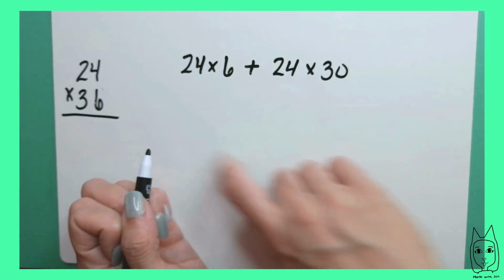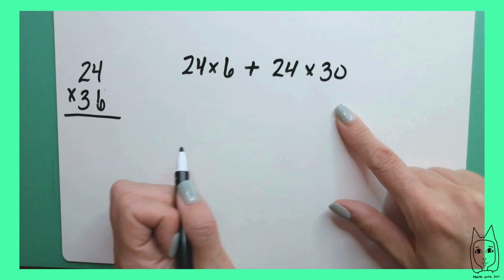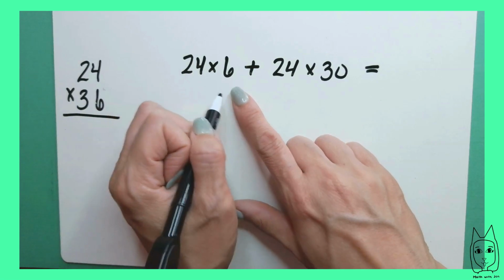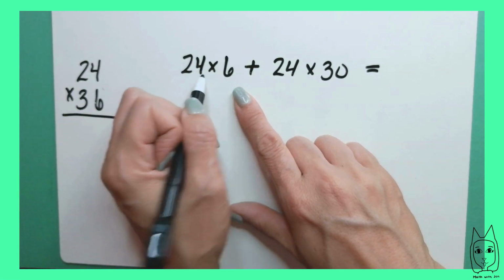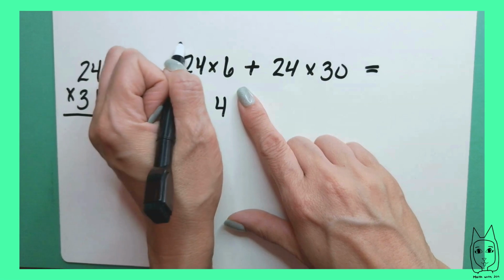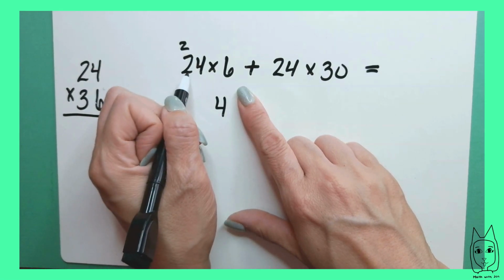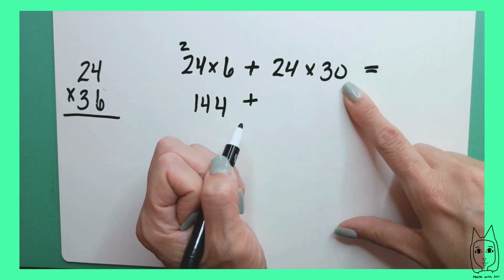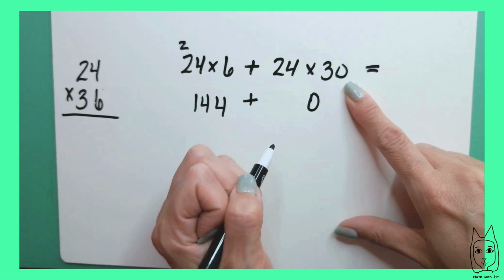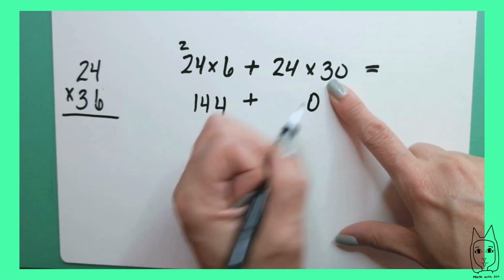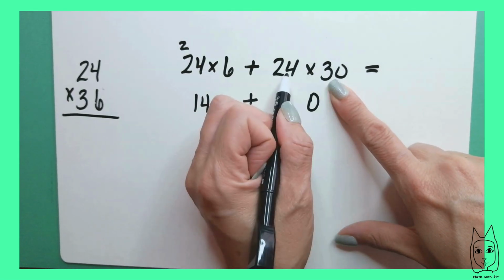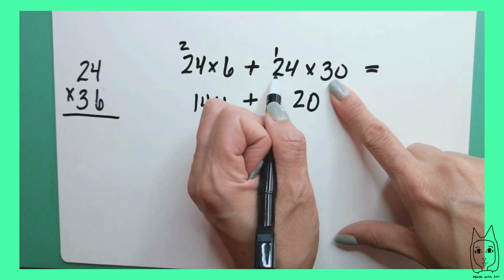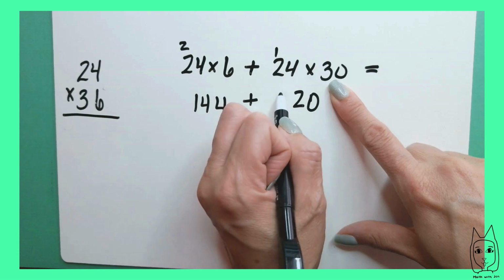I can do it right in an equation using partial products. 6 times 24 is something we did in 3rd grade. 6 times 4 is 24, carry the 2, 6 times 2 is 12, plus the 2 is 144. Then we would add to it. Multiplying by that 0 gives us 0 for the ones, and then we multiply 3 to everything. 3 times 4 is 12, carry the 1, 3 times 2 is 6, plus the 1 is 7, so 720.